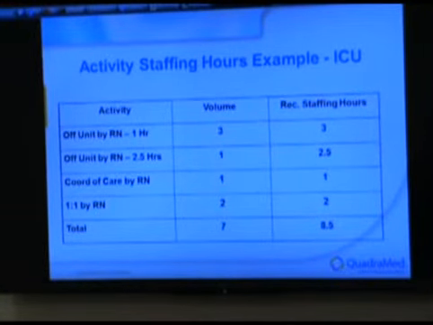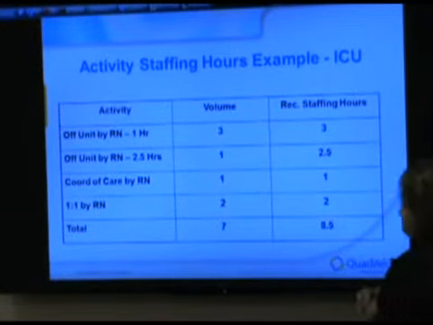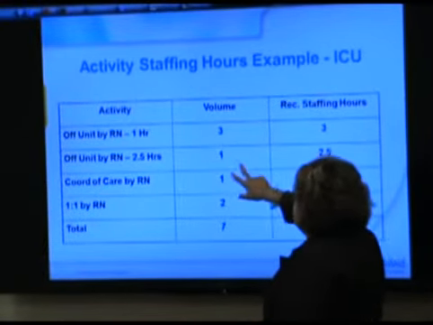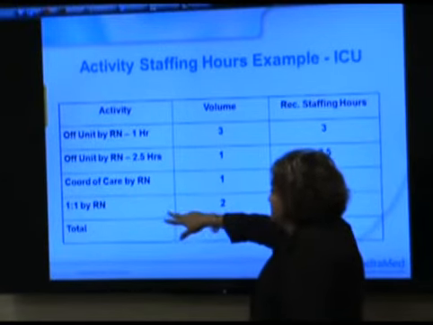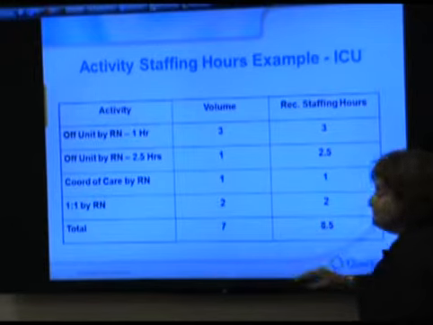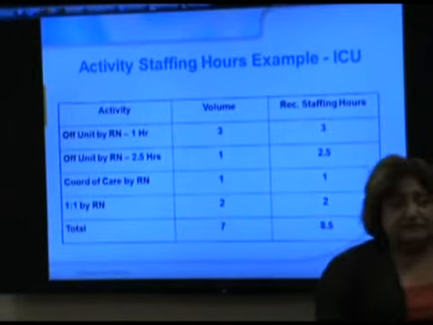And they have a nurse going off the unit 3 times, a nurse going off the unit for 2.5 hours, coordination of care, one at the bedside. Total recommended hours for plus 1 hour activities is 8.5.